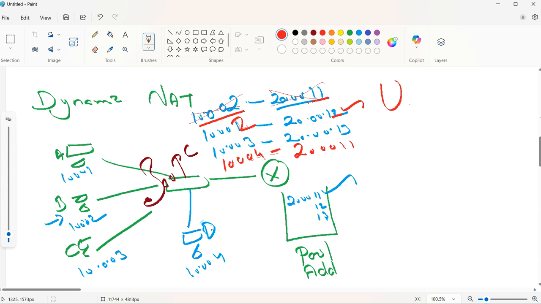Second, dynamic NAT is slower because if the pool addresses are exhausted, the others trying to establish a session have to wait.